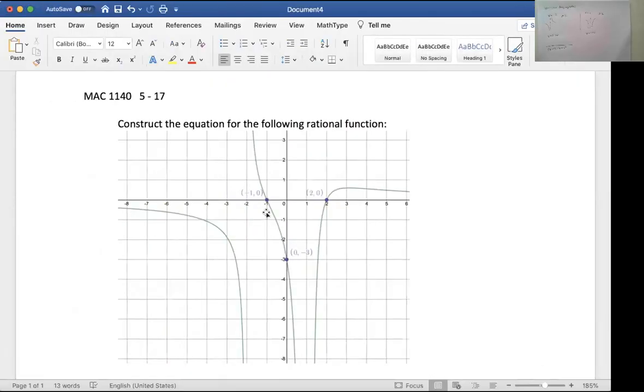I have an x-intercept at -1, and I have an x-intercept at 2. So -1, 0 is on the curve. 2, 0 is on the curve. So how does that help me? -1, 0 and 2, 0 are in essence zeros of the function.